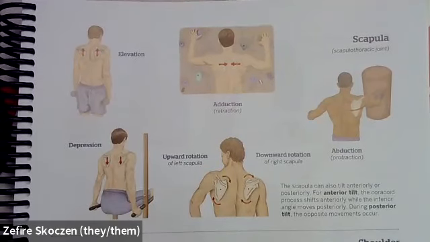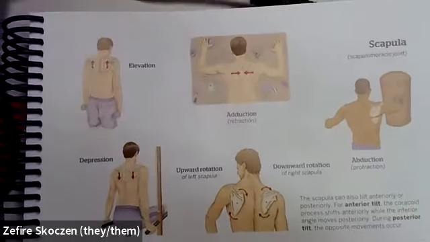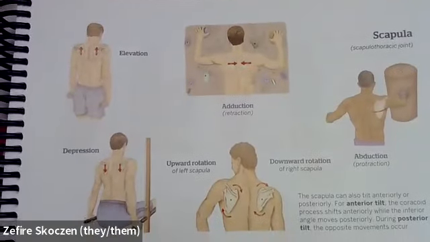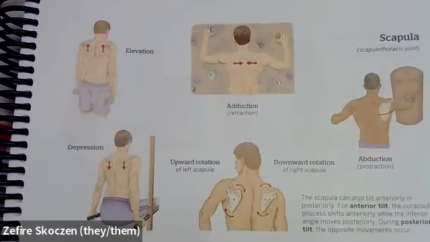The scapula, which some people call shoulder blades, scapula is their formal name. Let's see if we can make those a little bigger. When the scapula go up towards your ears, those flat bones on your back next to your spine, when those go up towards your ears, that's elevation.